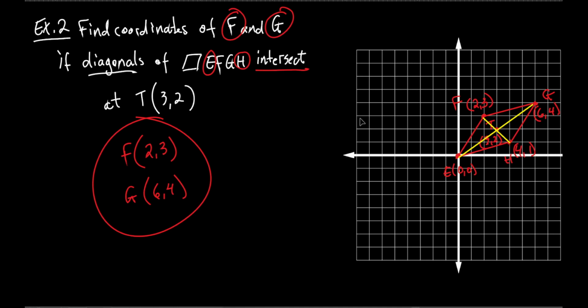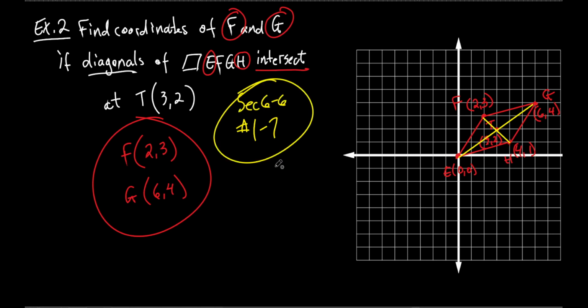Everybody good? Okay. I think I gave you some assignment, didn't I? Coordinate 1 through 7. All right, so that shouldn't be too bad. 1 through 7, and this is section 6.6. I think you should be able to do all of those, I'm pretty sure. All right, that's it.